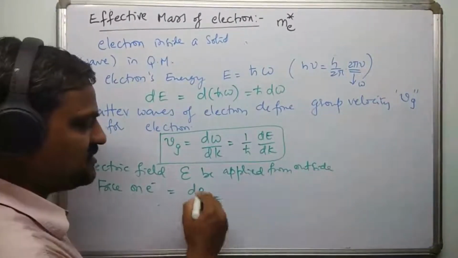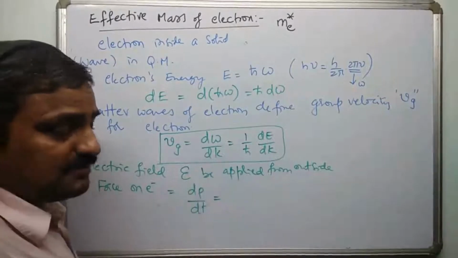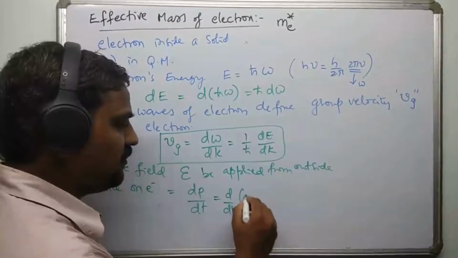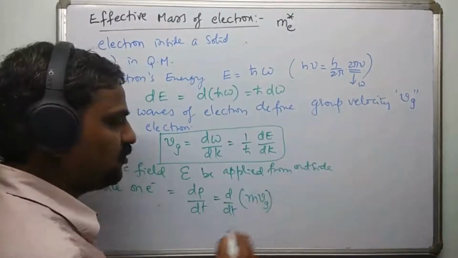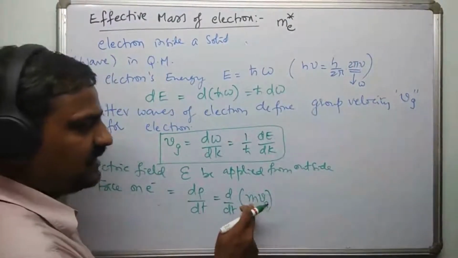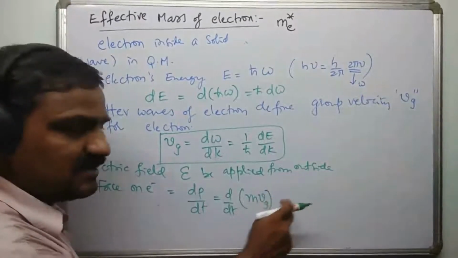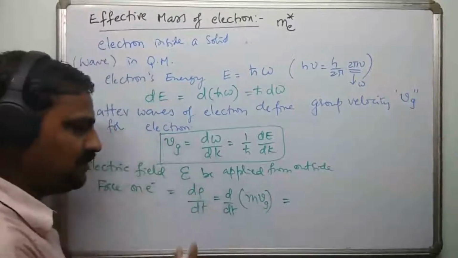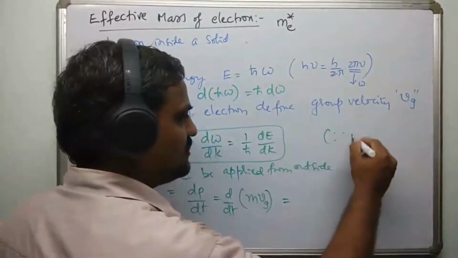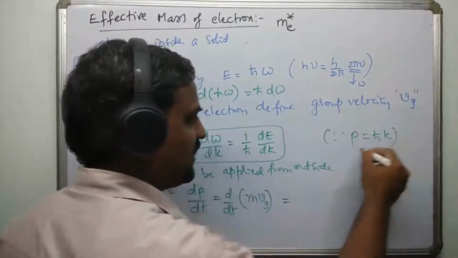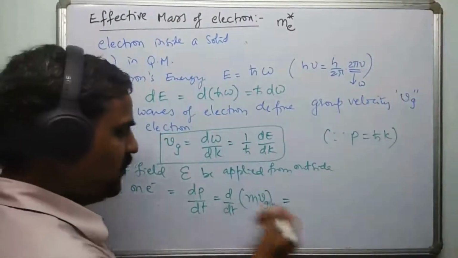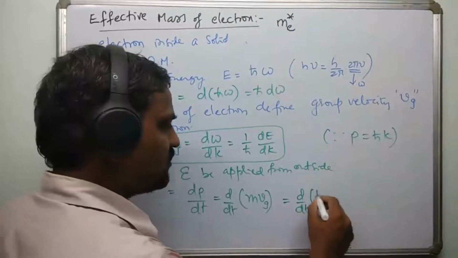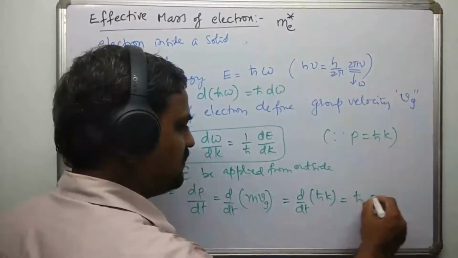If you write p as mv, momentum is mass into velocity, so I'll write this as d by dt of m into Vg, the group velocity. This is also equivalent to, since p is equal to h cross k in quantum mechanics, d by dt of h cross k, which is nothing but h cross dk by dt.